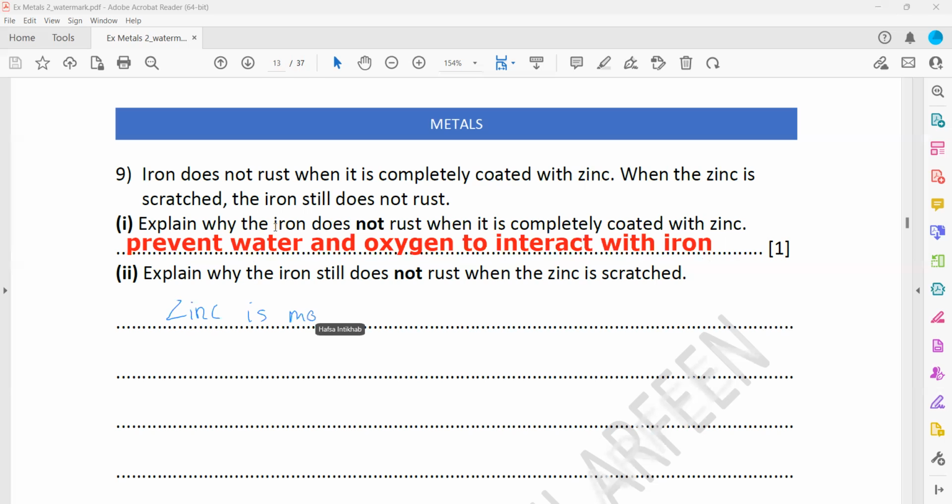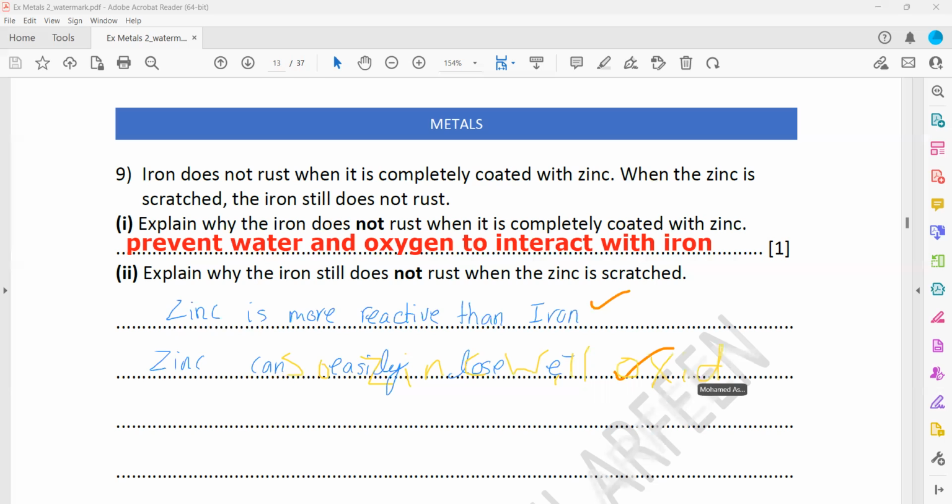So the next question is usually a 3 mark to 4 mark question in which you have to compare. 1 mark is for comparing the reactivity: zinc is more reactive than iron. That is 1 mark. So zinc can lose electrons easily, or zinc can oxidize. That is the second mark. And the third mark is the transfer of the electron.